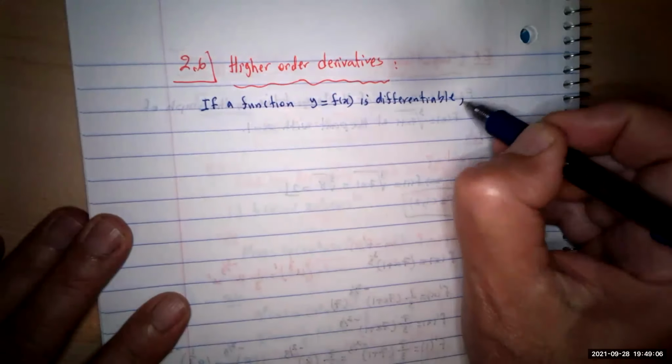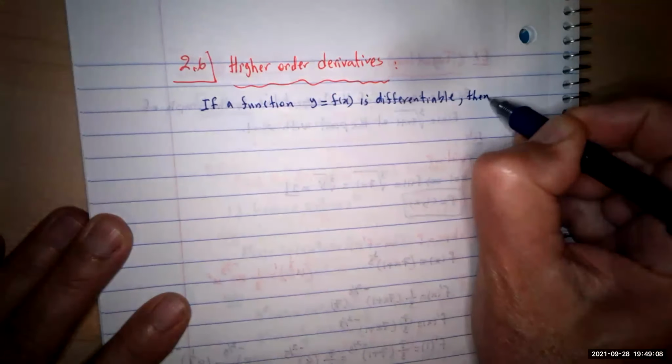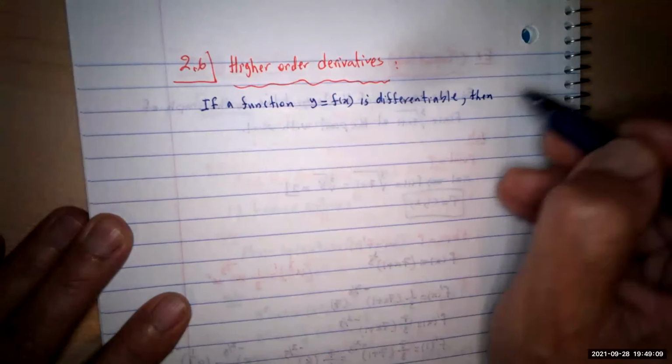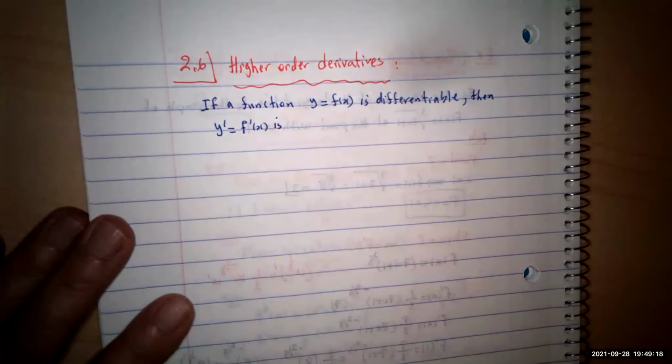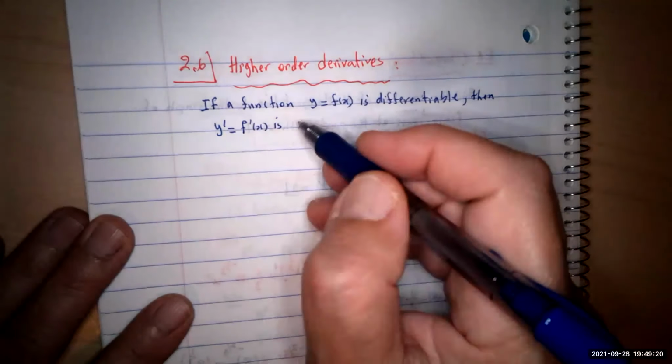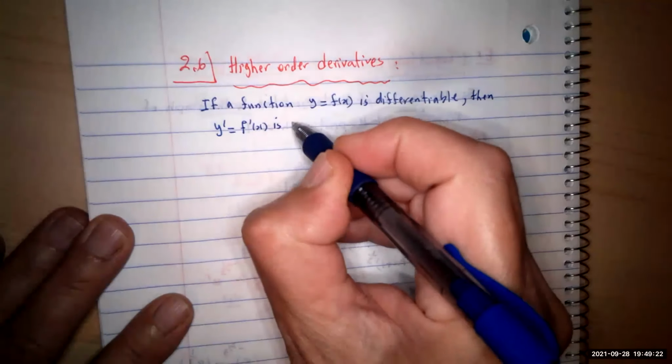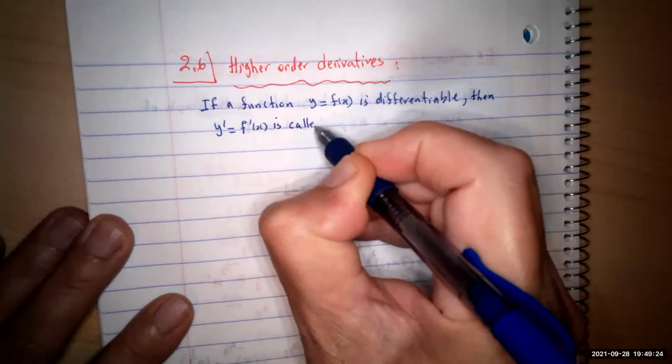Then you're going to have y prime, which is the same as f prime of x. This is going to be the first derivative.